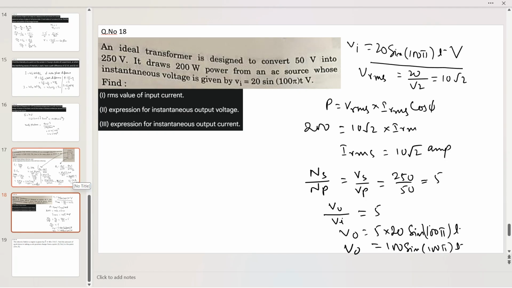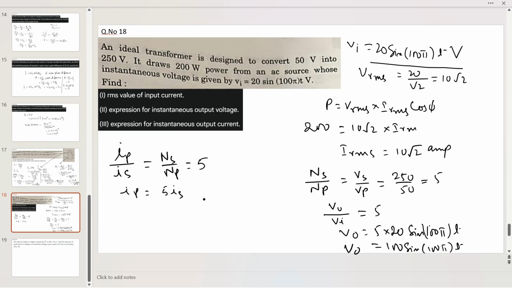Similarly we have to find out the expression for current. So this will be Ip by Is, primary by secondary, which is equal to Ns by Np. Here your Ns by Np is 5. So your Ip, the input, will be 5 Is.